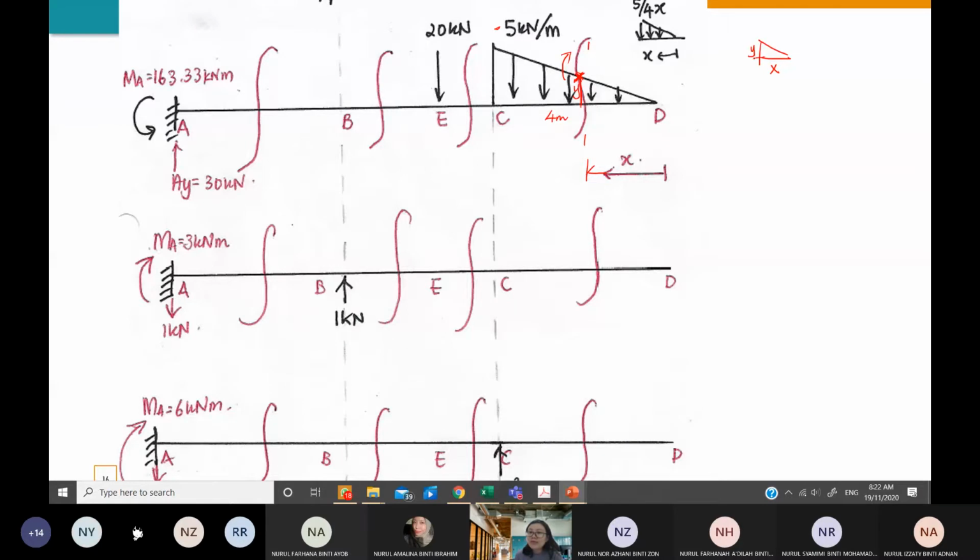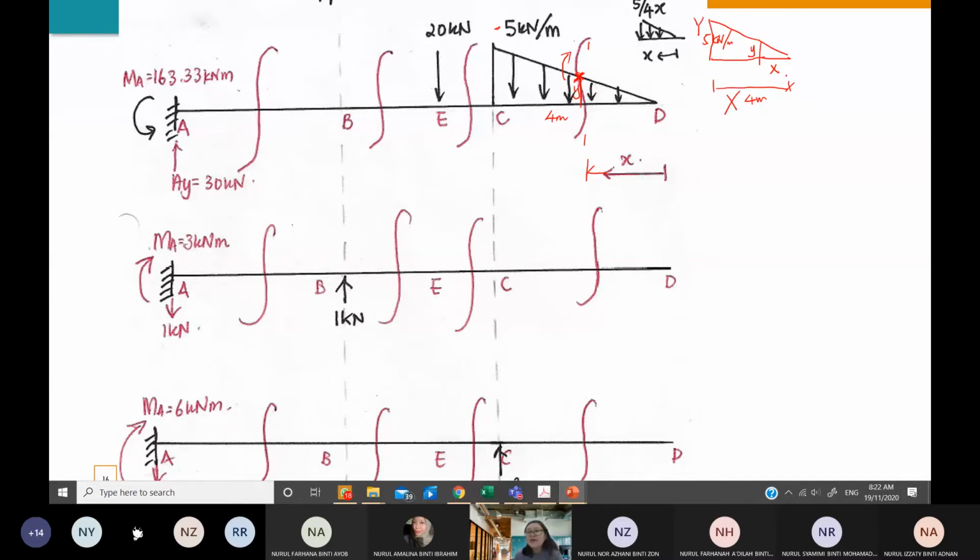If we extend it, the bigger triangle has a width of 4 meter and a height of 5 kilonewton per meter. So you can name this 4 meter as big X, and this 5 kilonewton per meter is big Y.